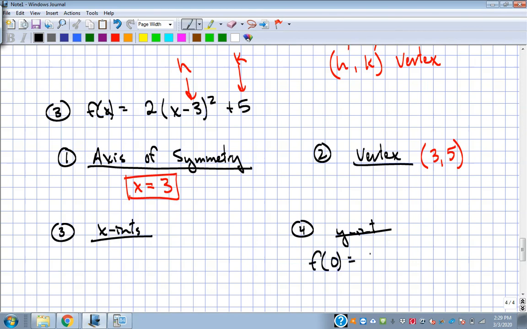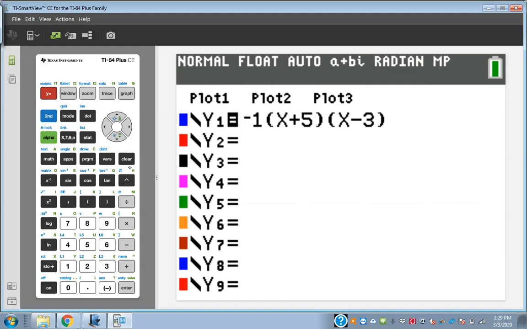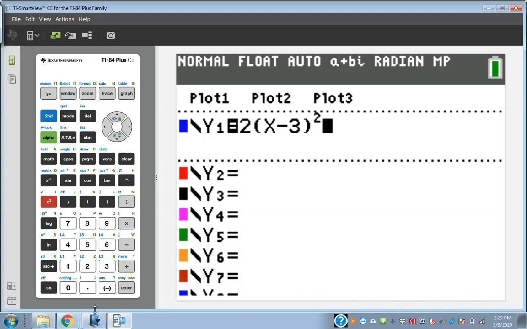F of 0, 2 parentheses 0 minus 3 squared plus 5. If I go to my calculator and use it to help me if I want to, 2 parentheses x minus 3 close parentheses squared plus 5.